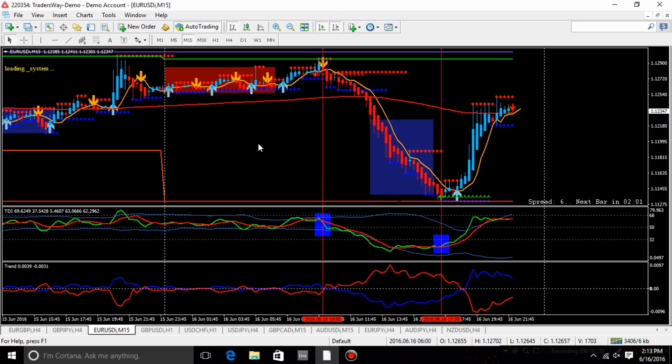Okay. So, last but not least, I wanted to show you these dotted lines. As you can see, there is a long dotted line right here, right here. This is a red dotted line, a blue dotted line, a red dotted line, and then you'll also notice these green arrows, okay? These lines are our support and resistance indicators.